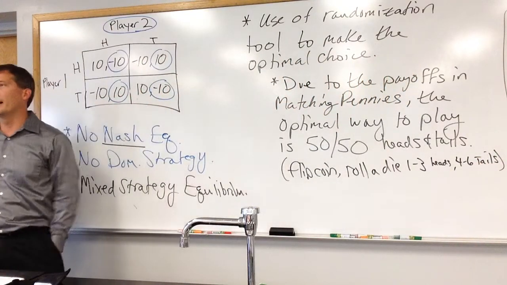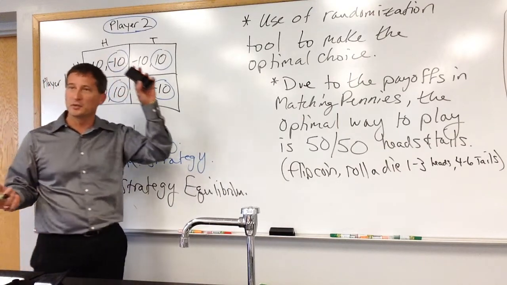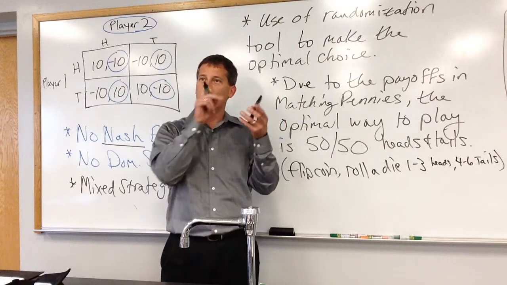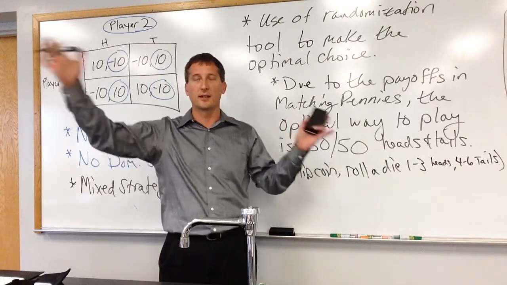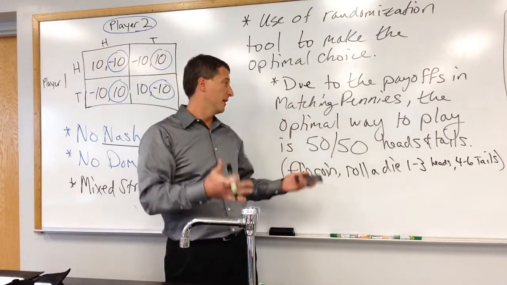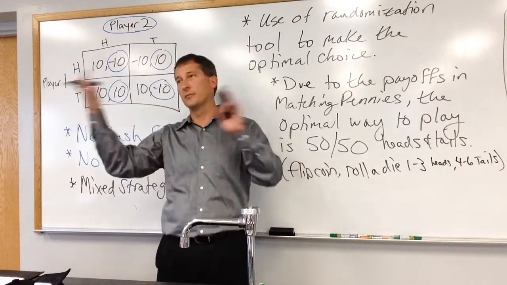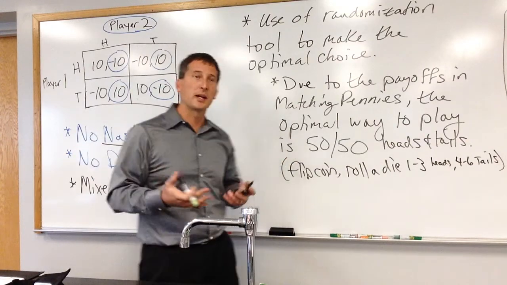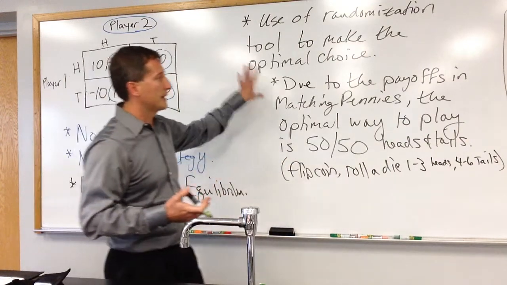You probably got an app on your phone somewhere that you can do randomization tool, right? And you can select what thing, and it'll select a number randomly from 1 to 100. 1 to 50, play heads. 51 to 100, play tails. So choose some sort of randomization tool that keeps them guessing.